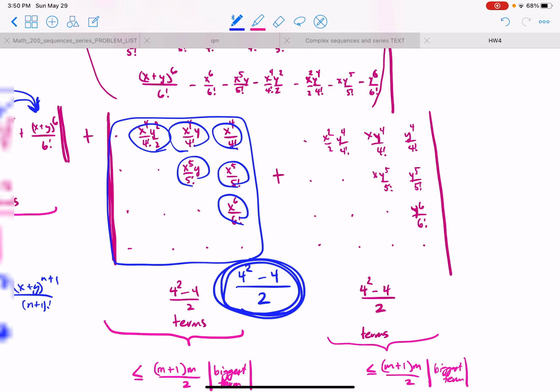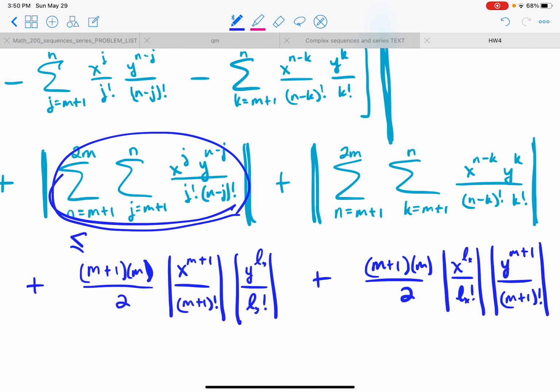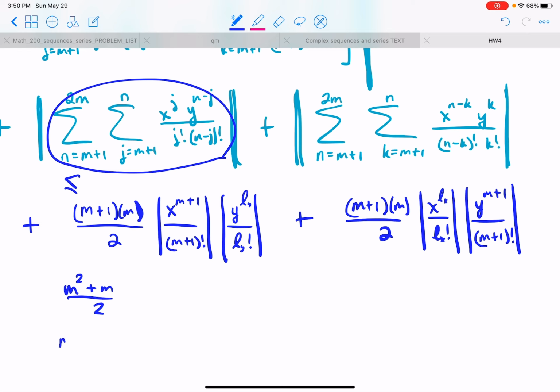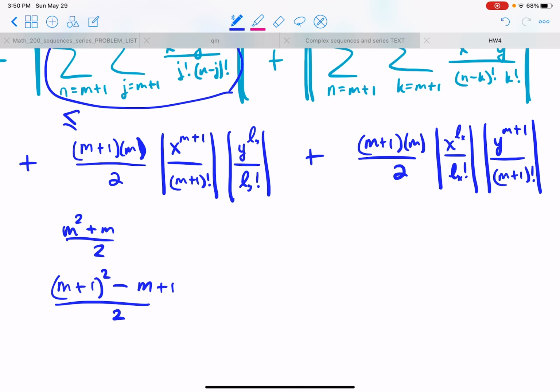So that is correct. In general, how many terms will this sum have? It will have m plus 1 times m divided by 2, which happens to be m squared plus m over 2, which happens to be (m plus 1) squared minus m, divided by 2, minus (m plus 1) divided by 2.